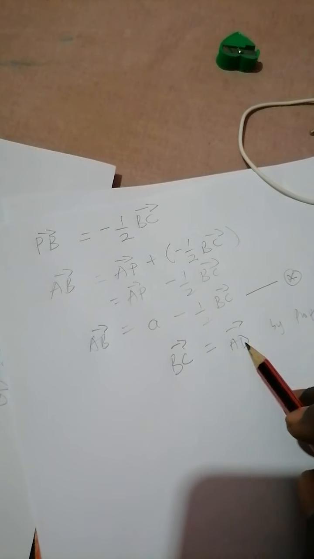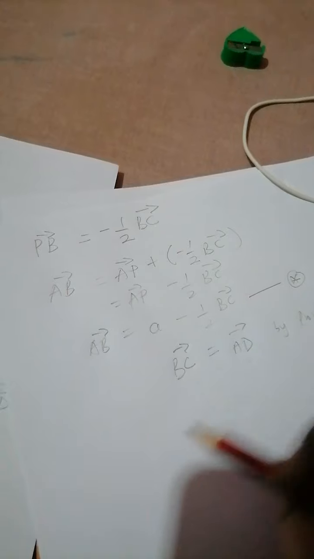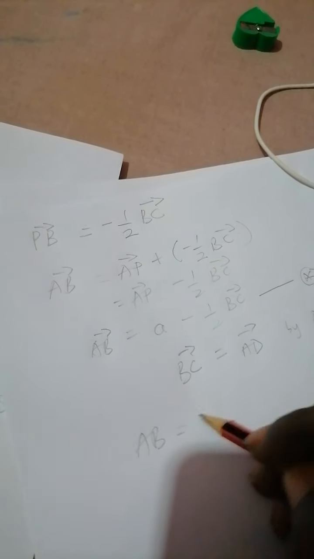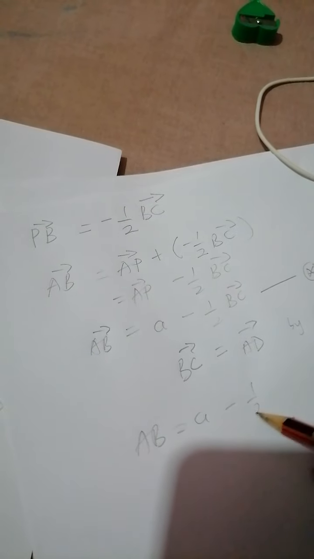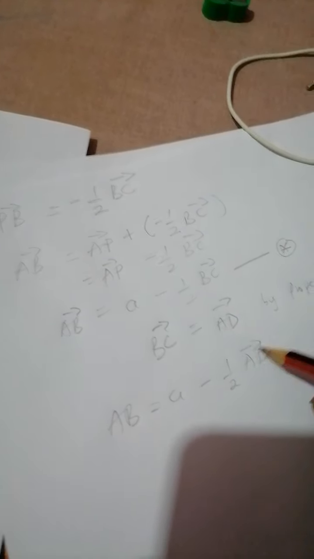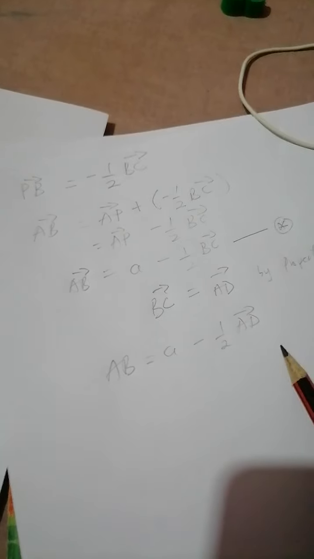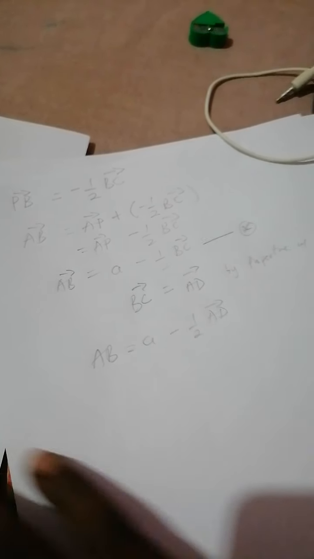So substituting this into equation star, I have that my AB is now a minus half AD, right? Okay.